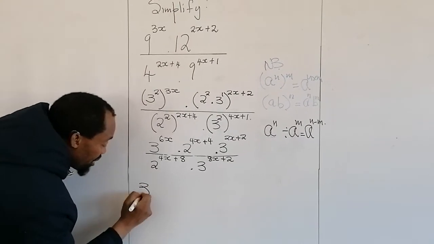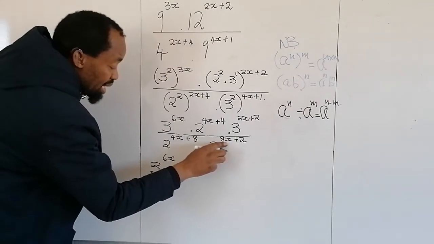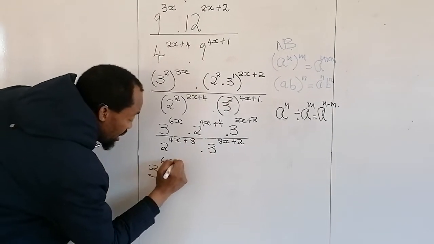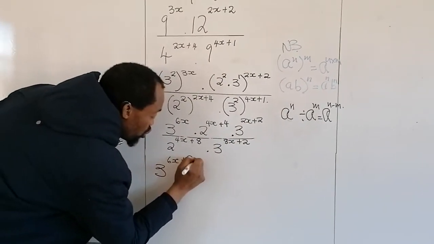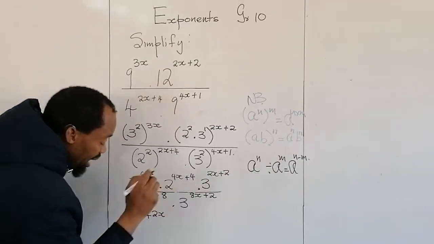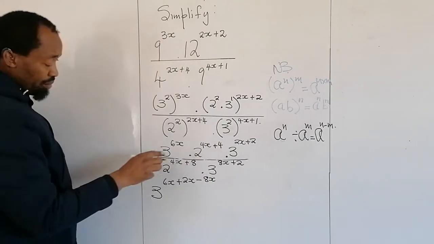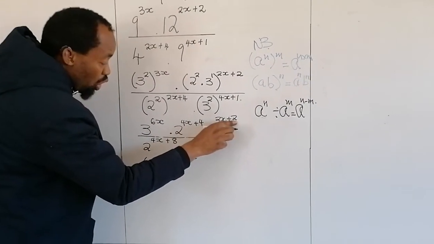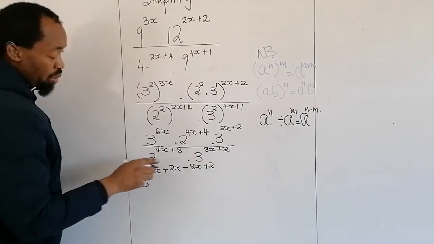That would be 3 to power 6x. Now you see there I've got 8x plus, I'm taking that one, 2x, I'm taking this one, minus 8x. There was no constant there. There's a constant 2 there. Then it's a plus 2.